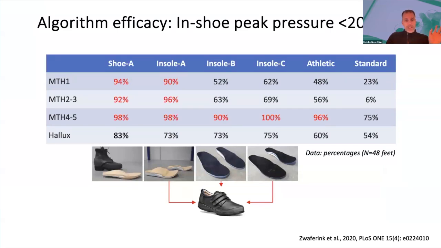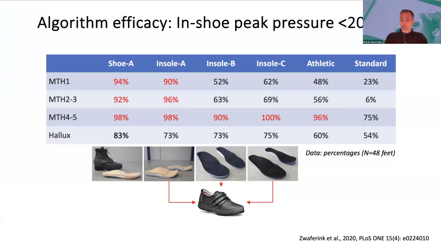And using such a model, such an algorithm in footwear design, we found in experimental research that we did that when you incorporate such an algorithm in a fully custom-made shoe or in a custom-made insert that you put in a diabetes-specific off-the-shelf shoe, which is the shoe A and the insole A concepts, and you compare that to some other quantitative and pressure-driven insole concepts that have been published, we see that looking at these percentages, which are the percentages of cases where the in-shoe peak pressure that we measure is below 200 kilopascal, we see a much higher percentage in these shoe A and insole A for particular regions where foot ulcer often develops.